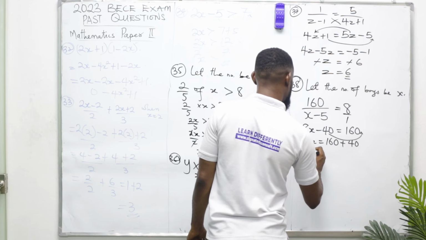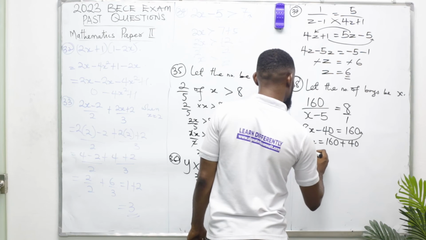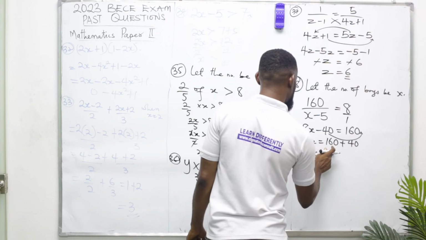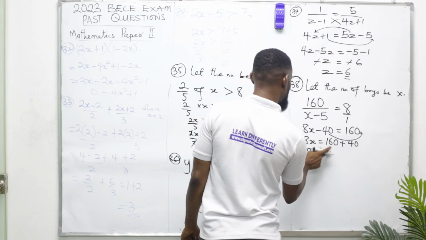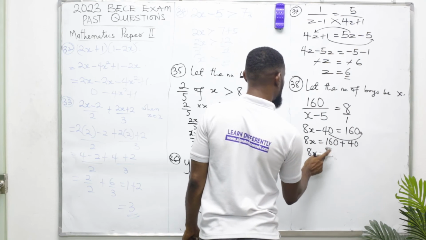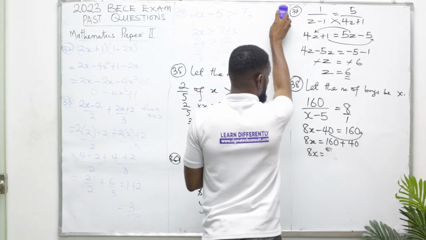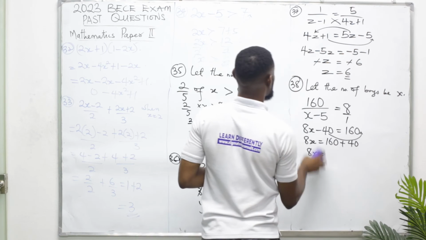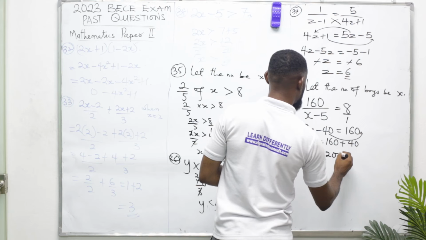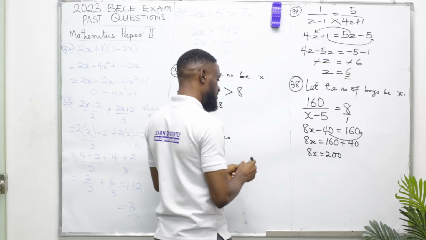Okay, so 8x is equal to 160 plus 40, rather. So this is 200, right?